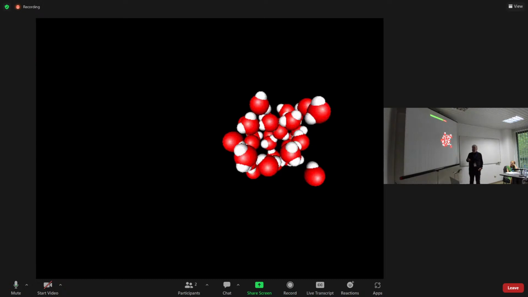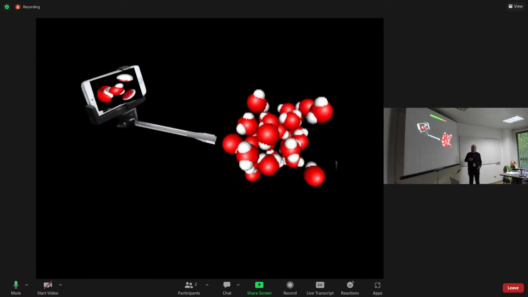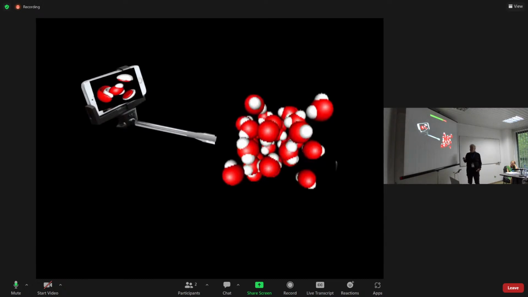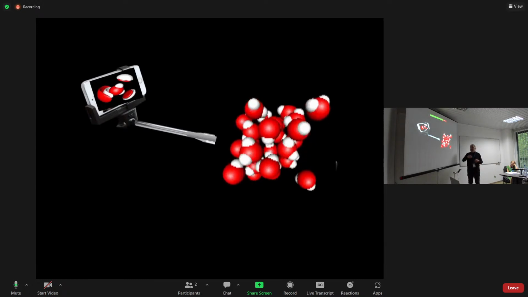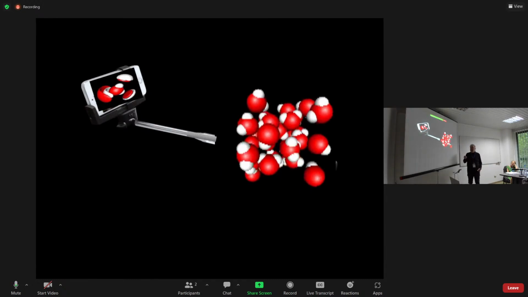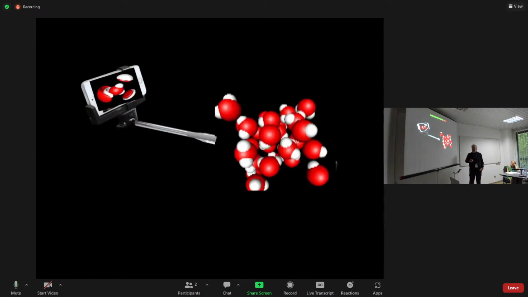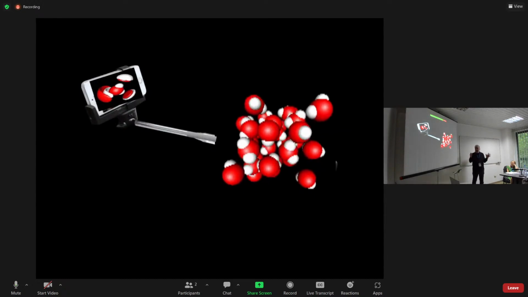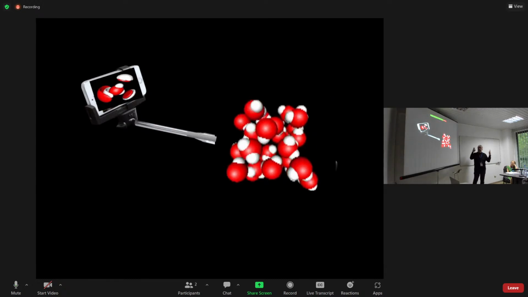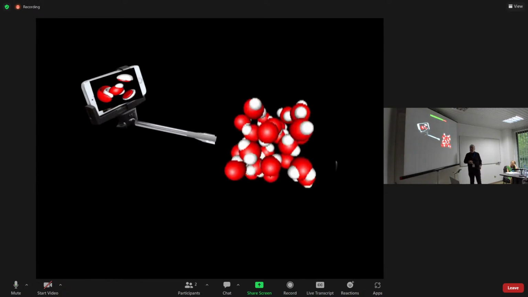They decide let's take a group selfie, and then one water molecule keeps this stick with the camera, and this camera has its shutter open all the time. That means that the images are overlapping, they come on top of each other.